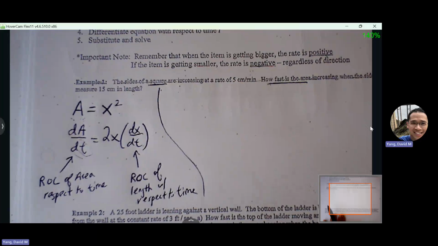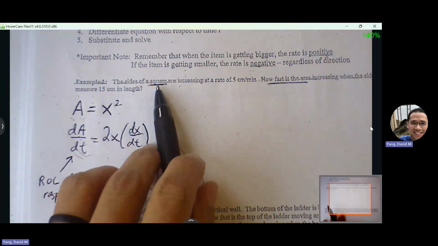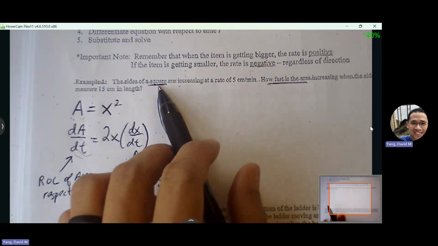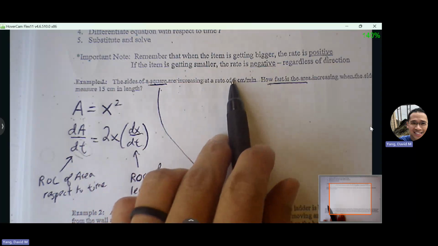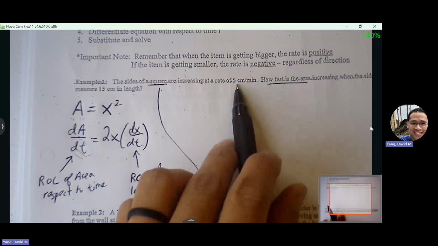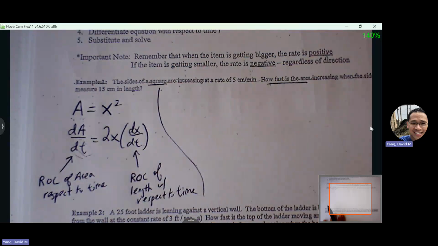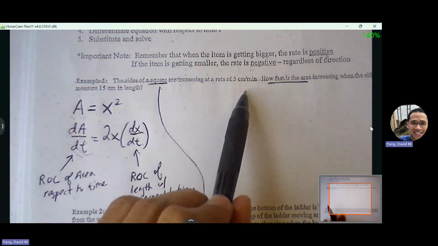Okay, let's go back and reread the problem. It says the sides of a square are increasing at a rate of 5 centimeters per minute. What would you assign this value to be? Is it one of these three variables here? Sides of a square are increasing at a rate of 5 centimeters per minute. dx dt. Good.